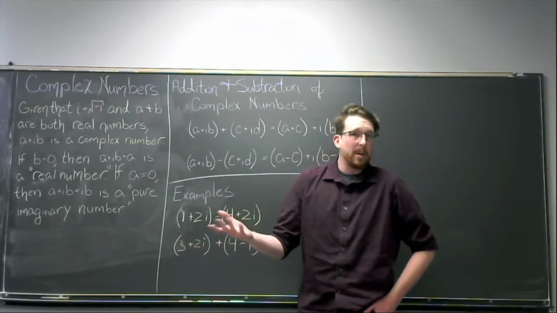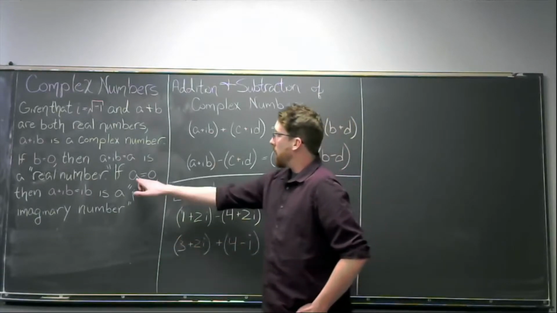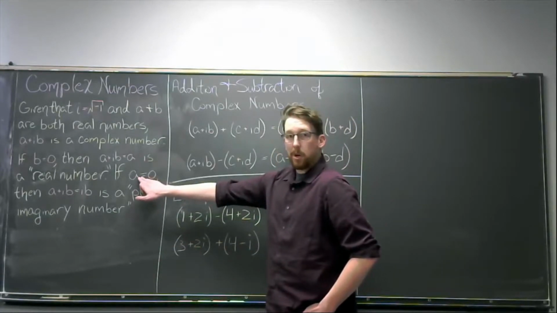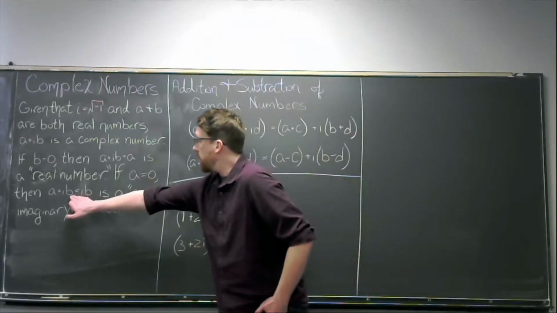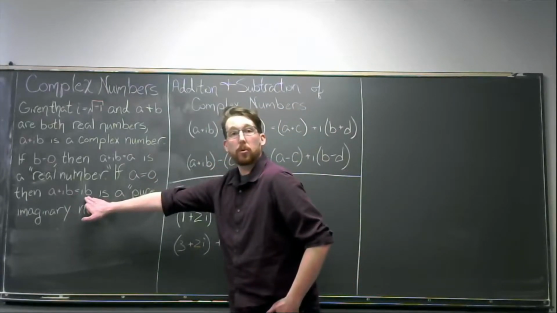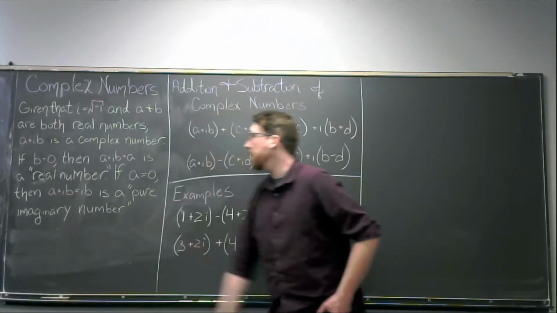It's just equal to a. In the event that our real number is equal to 0, then our complex number is just equal to the imaginary part, and we say that that is a pure imaginary number.